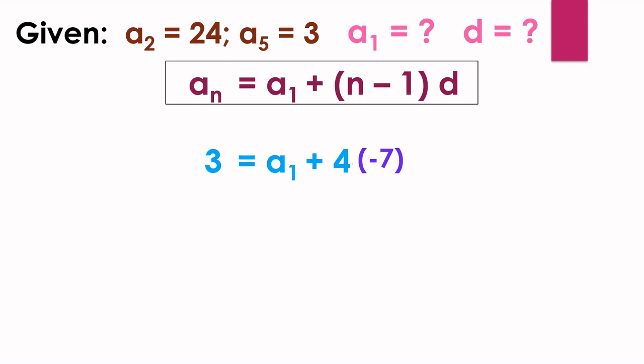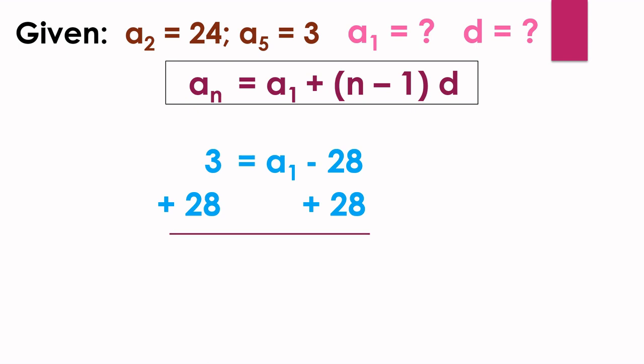So we now have 3 equals a sub 1 plus 4 times negative 7. We first multiply 4 and negative 7. 4 times negative 7, we have negative 28. To eliminate negative 28, we simply add 28 to both sides of the equation.